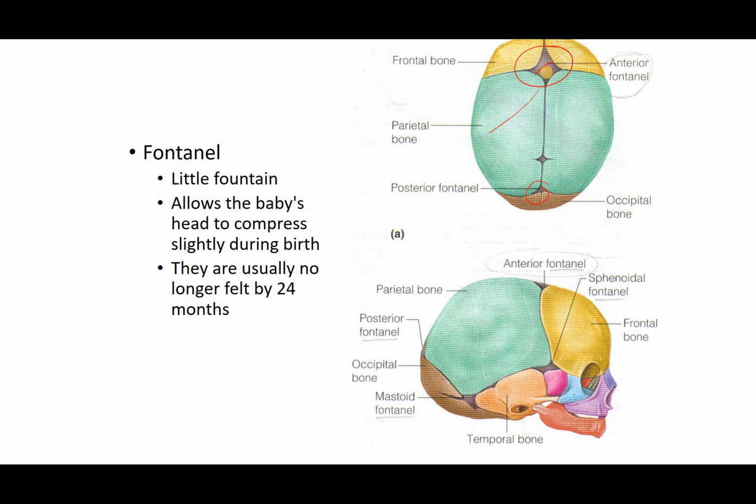And also they're good for letting you know if the child is dehydrated. And then over time, these fontanelles ossify. They start to fill in with bone. Well, calcium, which turns it into bone.